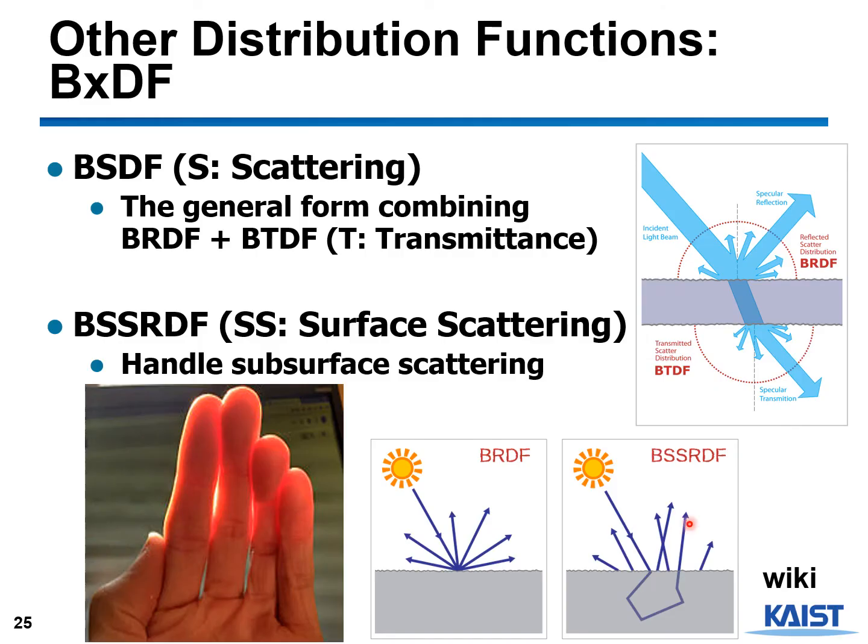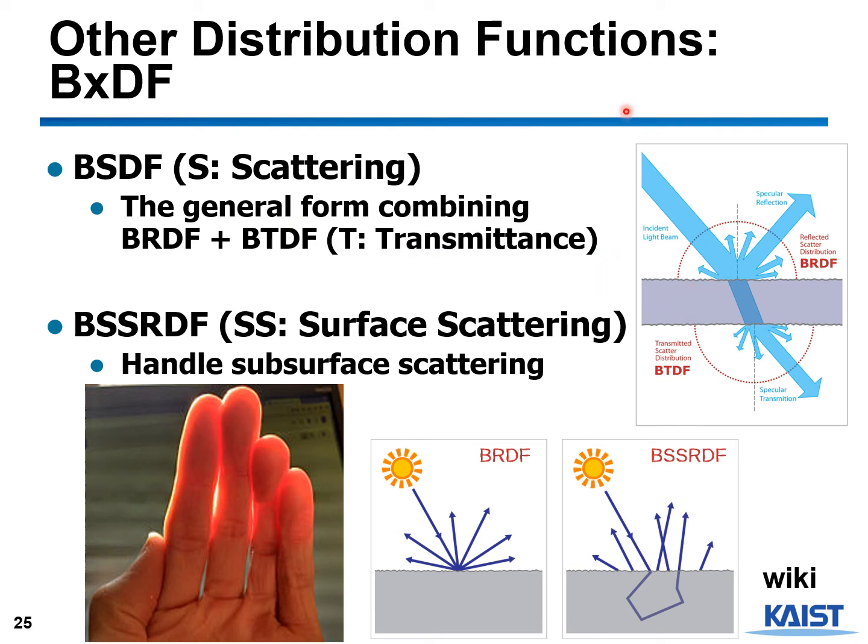But there are many other distribution functions. We typically say BxDF. One example is BSDF, where S refers to scattering, the general form combining the BRDF that I talked about before and the BTDF. T is transmittance.